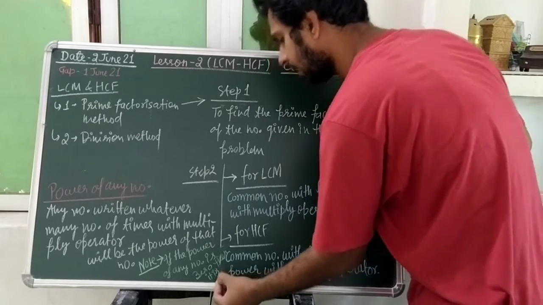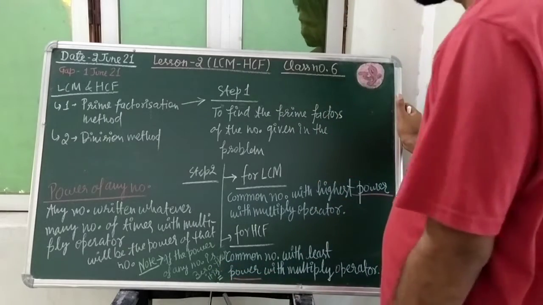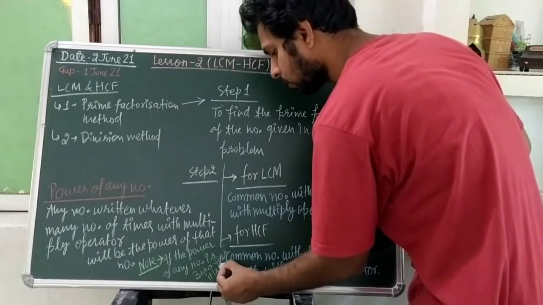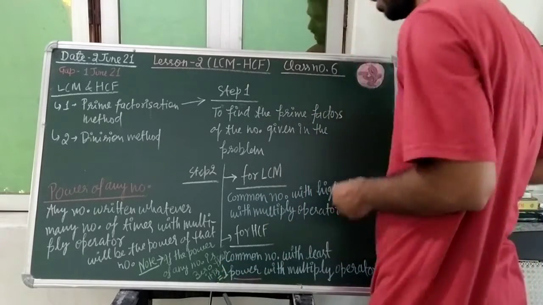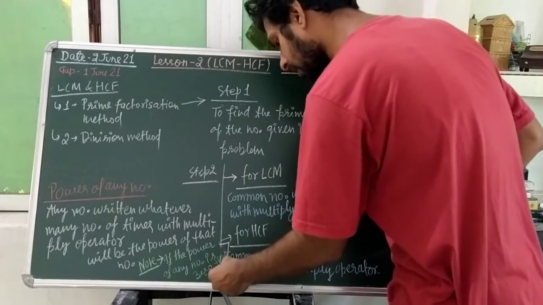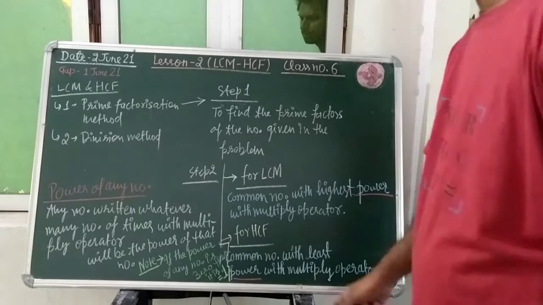If the power of any number is 0, that will be equal to 1. Please remember this and write up to here.